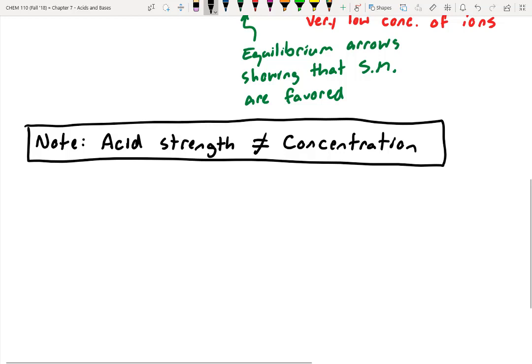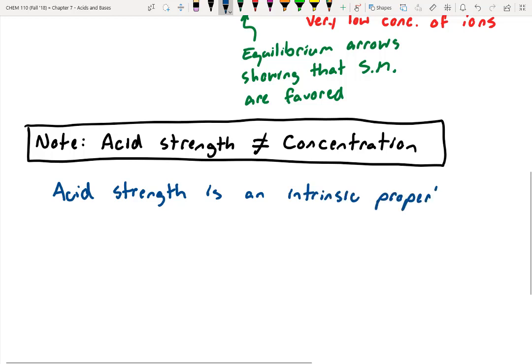Not necessarily. An acid's strength is an intrinsic property, meaning it's something you can't change. You can't change it by making something more concentrated. It's defined by the molecule itself. So it is a little bit confusing that way. Does that make sense?